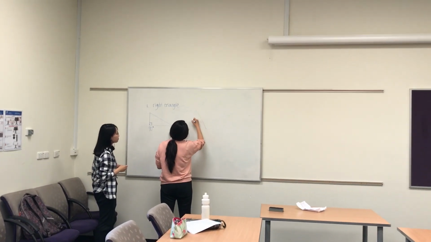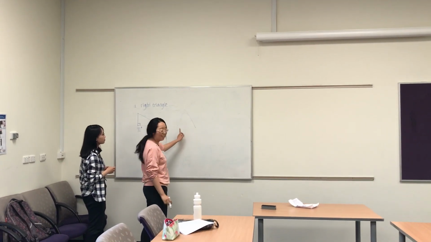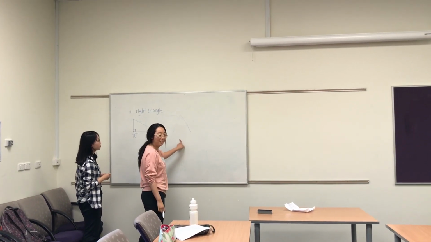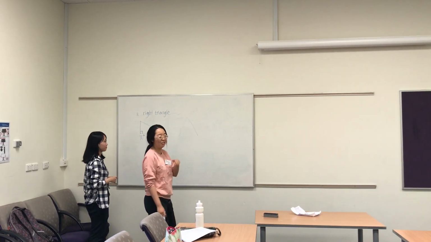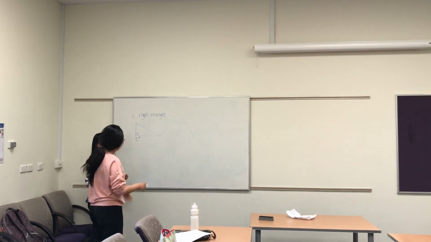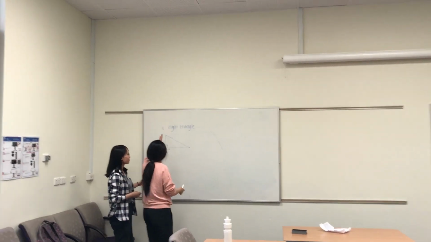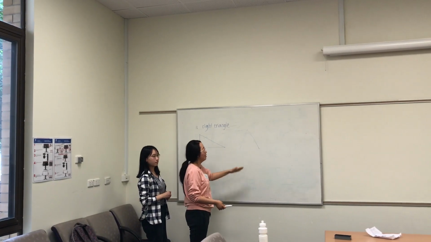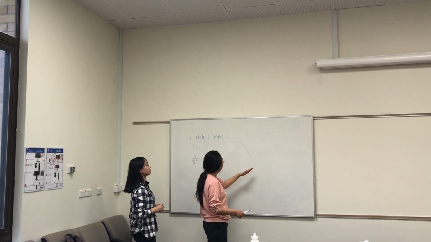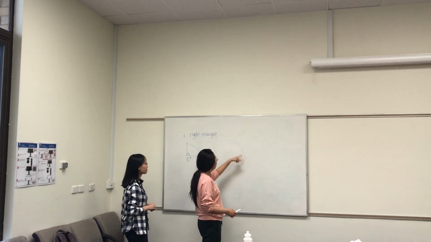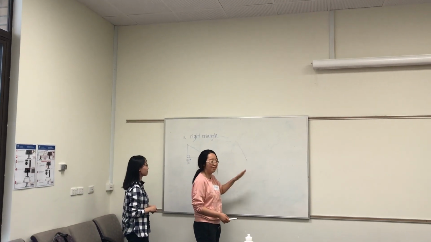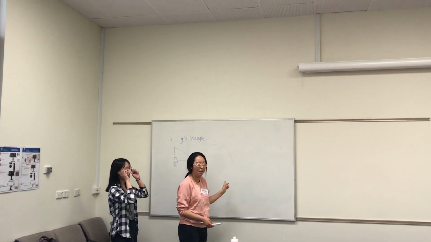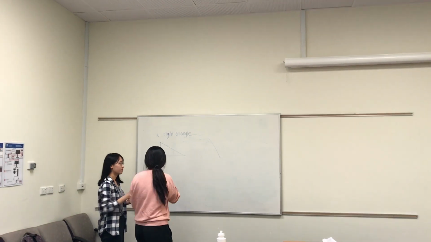These two sides can be equal to each other, but is this also a right triangle? No, so that's wrong. In a right triangle the two sides can be equal to each other, but if two sides are equal in a triangle, that doesn't mean that it must be a right triangle, okay?